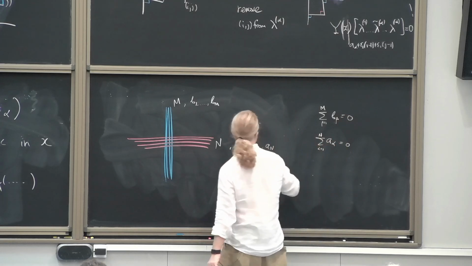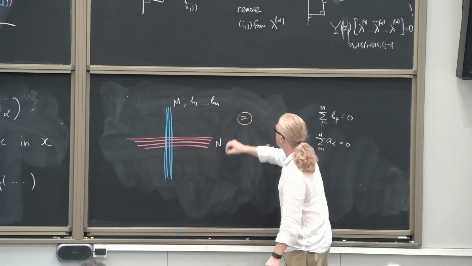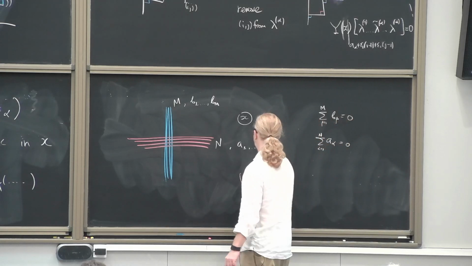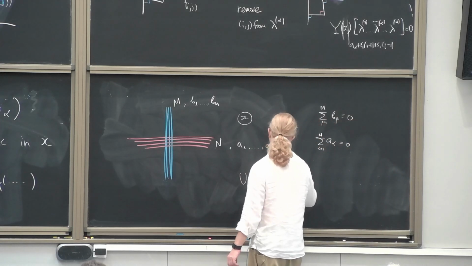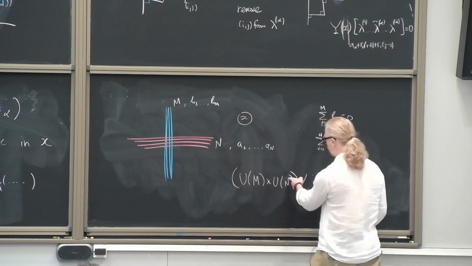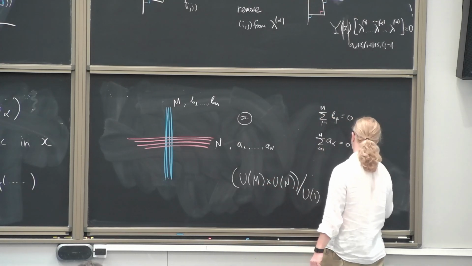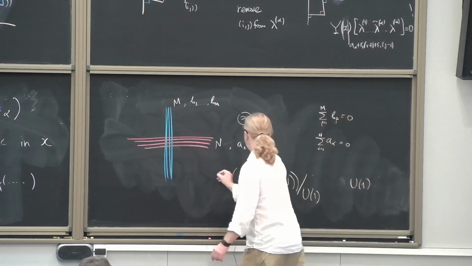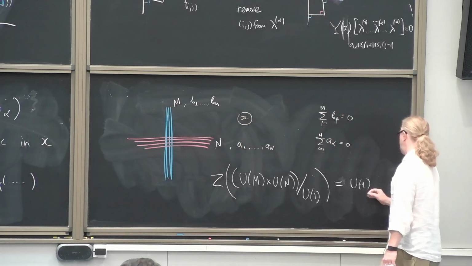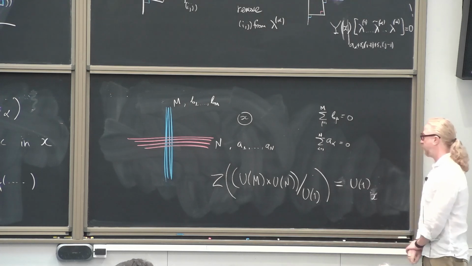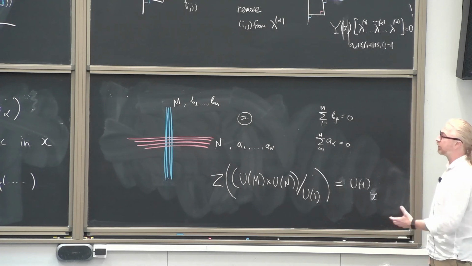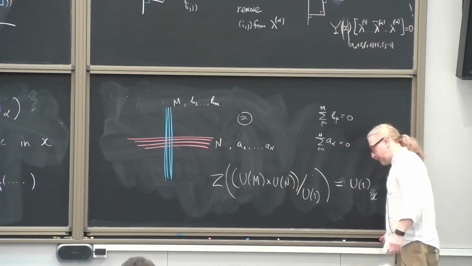And then you have one degree of freedom left, which is U(n) cross U(m) over U(1), which is diagonal. This still has a center. So the center of that is U(1), which is where x belongs.